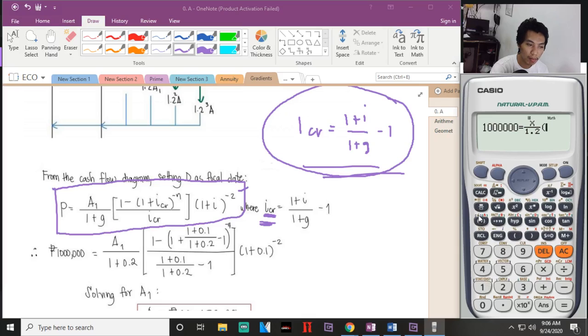Tapos, taas, 1 minus (1 plus 1.1 over 1.2 minus 1) raised to negative 4 kasi 4 payments eh.